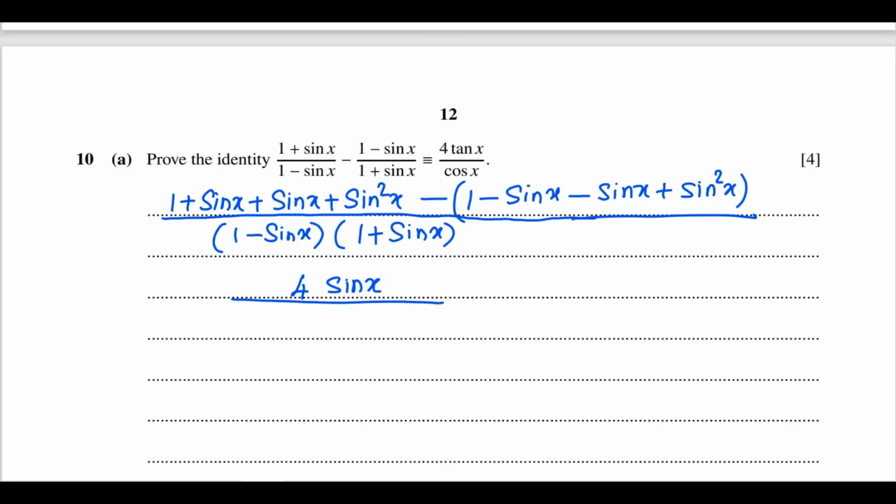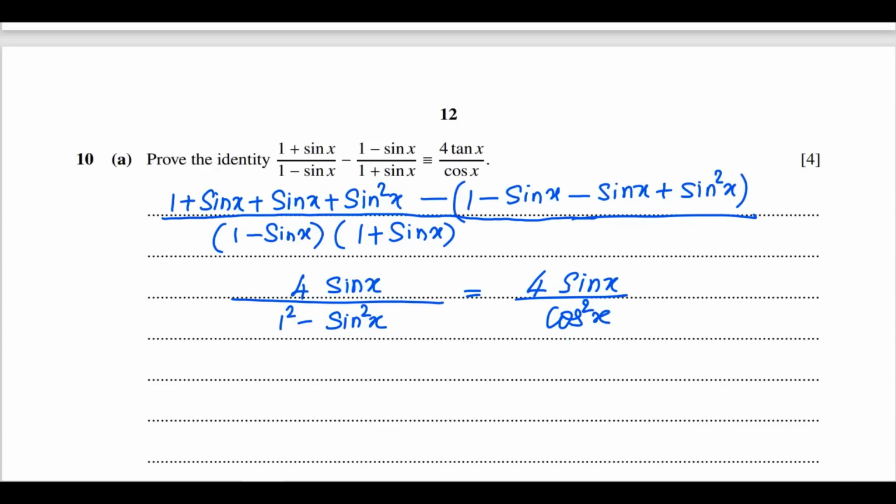This is divided by (1 minus sin x) multiplied by (1 plus sin x), it is like (a minus b) multiplied by (a plus b), which gives a squared minus b square. So 1 square minus sin square x. Okay. And we know 1 minus sin square x is nothing but cos square x. 4 sin x divided by cos square x.